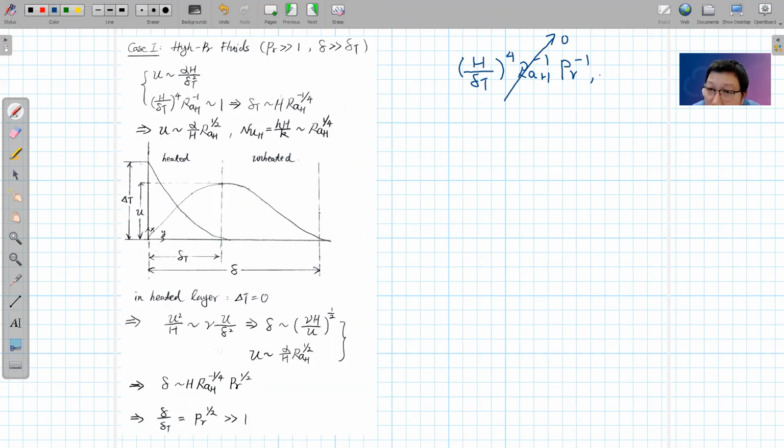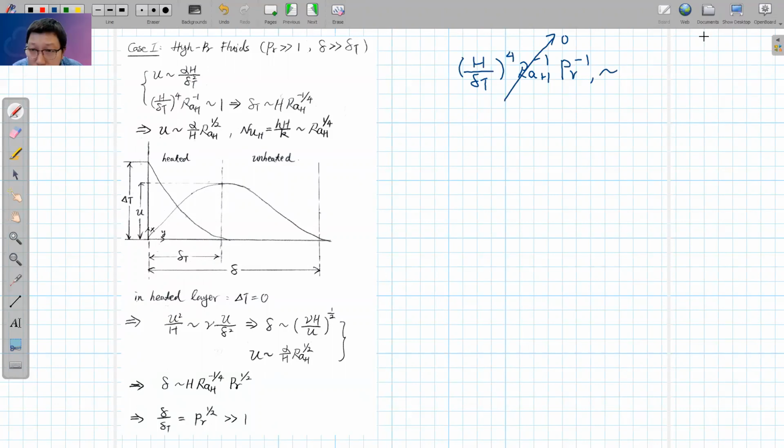The buoyancy and the viscous term, H over delta T to the power of 4 times Ra_H minus 1, have the same order. So these two terms have to be of the same order.